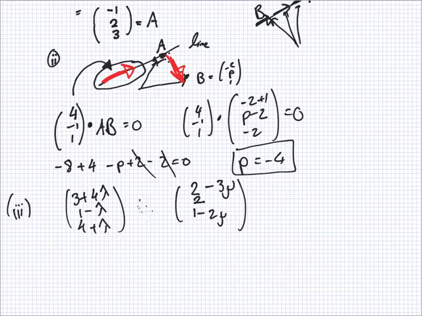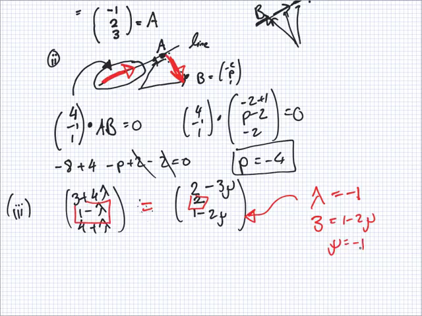Yeah. So if I compare this one with this one, I get lambda must equal minus 1. And if I put that in here, I get 3 must equal 1 minus 2 mu, which means mu must equal minus 1 as well. So, if I use minus 1 and minus 1, I get minus 1. Good. I get 2, and that's a 2.